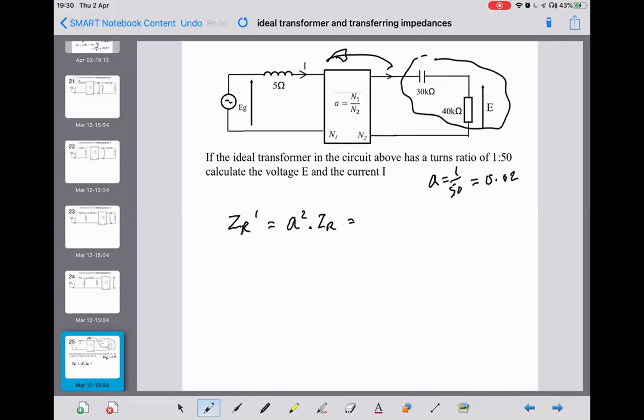And here we need to make sure that we keep the angle in mind, so we've got to use complex values. So it's 0.02 squared times 40,000 angle 0 degrees.